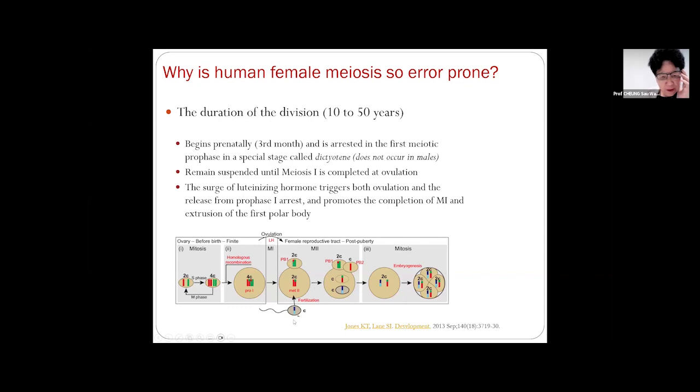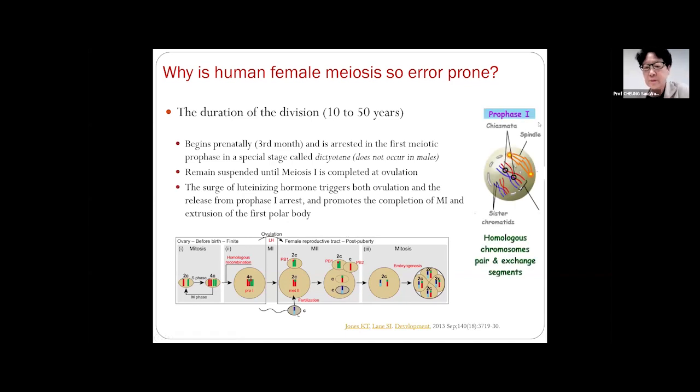And then when fertilized, you go to meiosis 2. Then the egg DNA and the sperm DNA combine, and the egg also divides, giving you polar body 2. And then you enter embryogenesis.